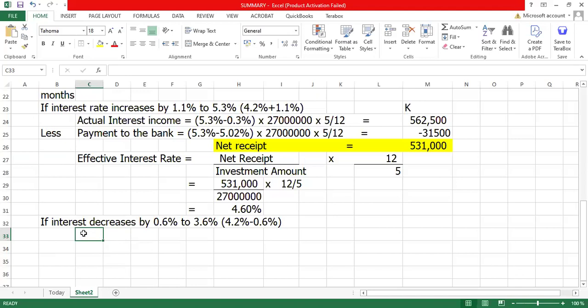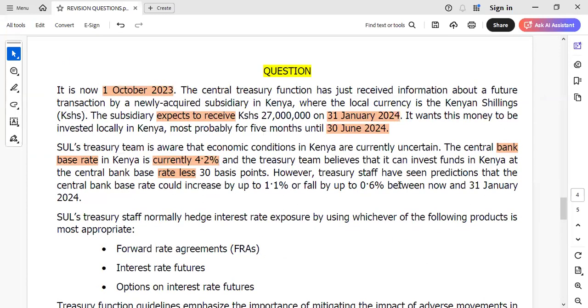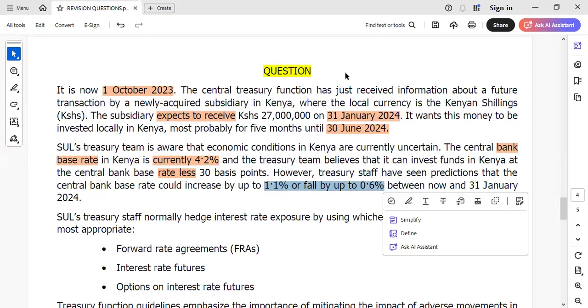Why by 0.6? It is in the question. That's what the question says, please read the question. Even here, they are telling you that the Treasury staff have seen a prediction that the central bank rate will change. Yeah, I've seen. I thought it was increasing or decreasing using the same rate. Okay, I have seen it. Thank you.